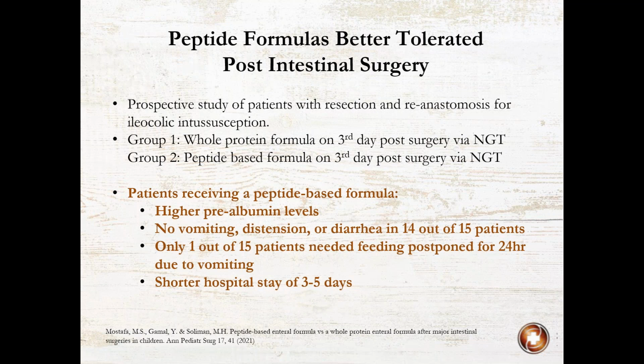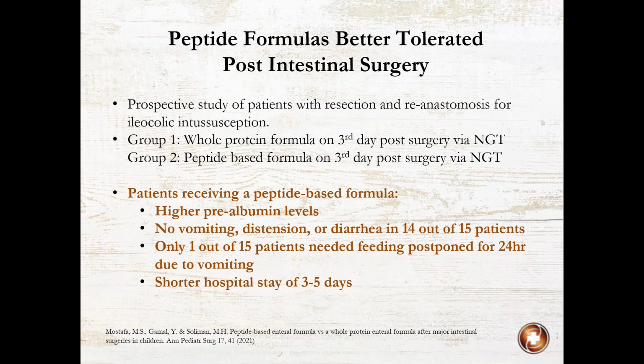And what they saw was that the peptide-based formulas improved prealbumin levels. They had higher prealbumin levels. There was no vomiting, distension, or diarrhea in 14 out of the 15 patients on the peptide group.